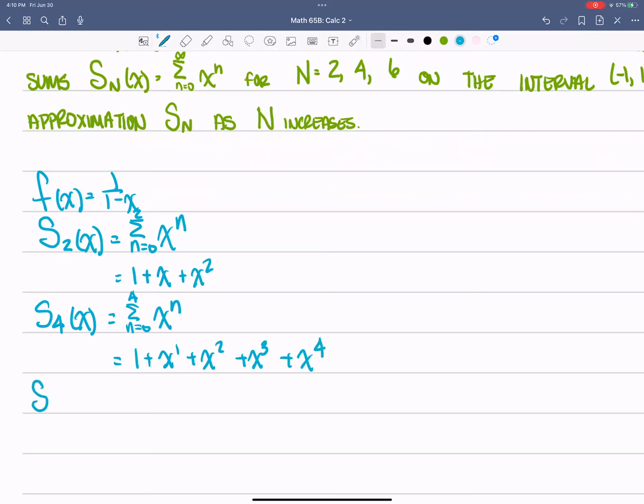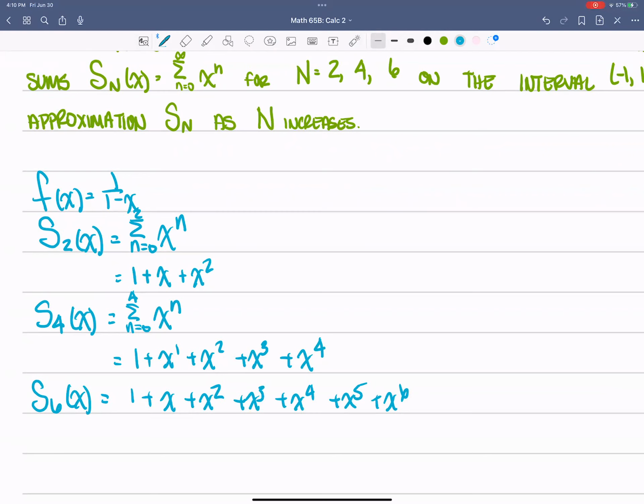And lastly, we're looking at S6. We kind of get the picture now. So we have 1 plus x plus x squared plus x cubed plus x to the 4, plus x to the 5, plus x to the power 6.